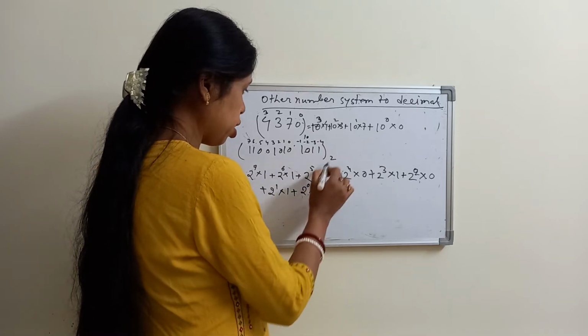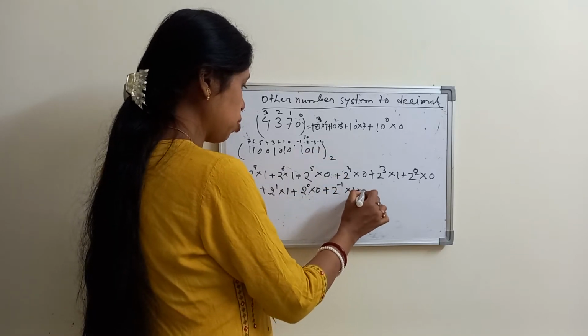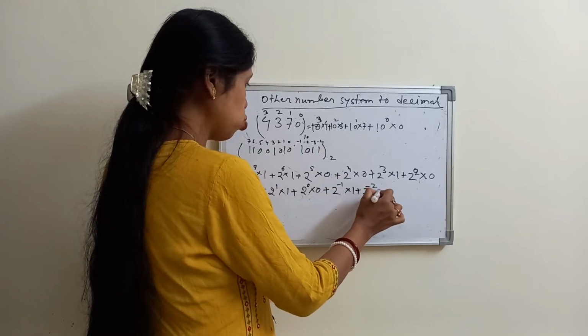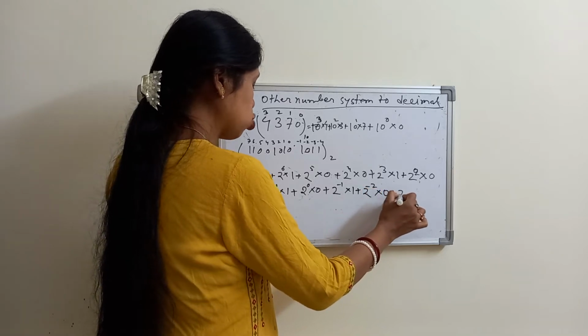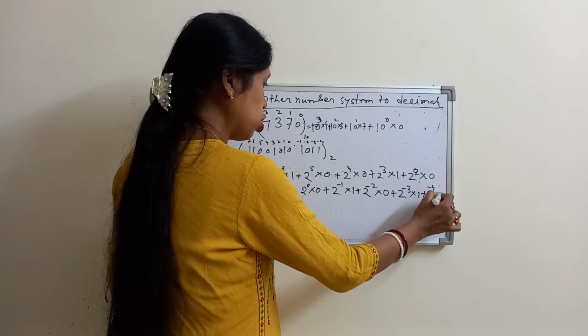Now for the fraction part: 2 to the power minus 1 into 1, plus 2 to the power minus 2 into 0, plus 2 to the power minus 3 into 1, plus 2 to the power minus 4 into 1.